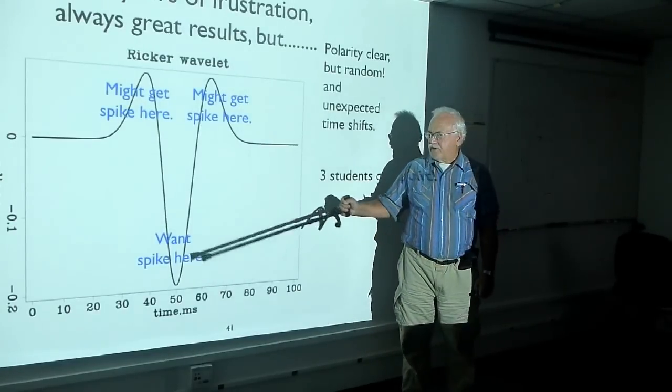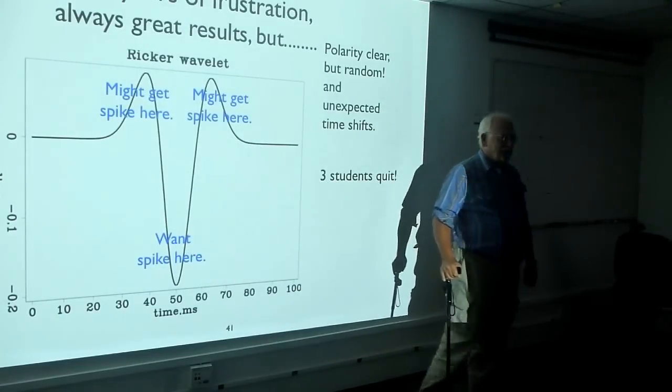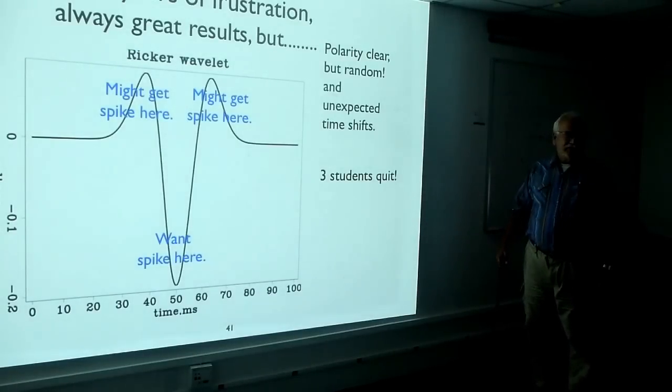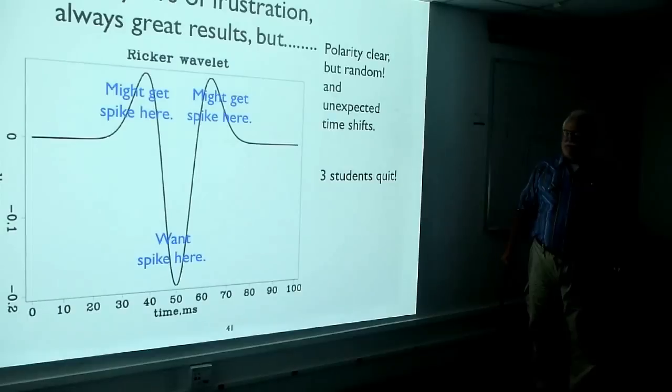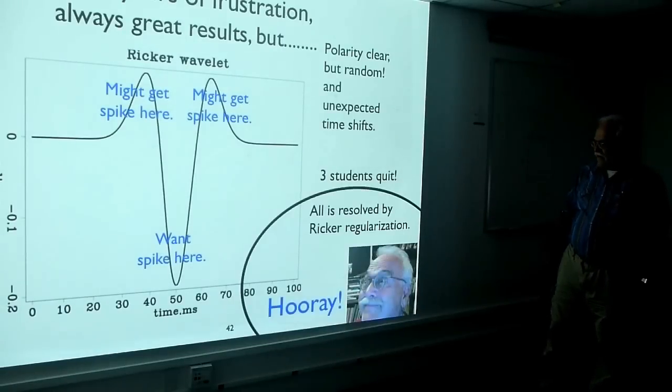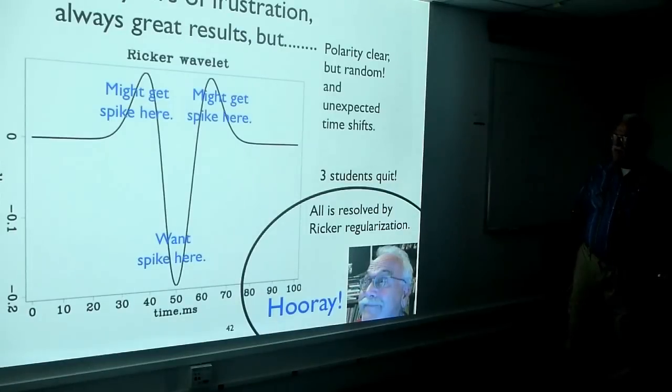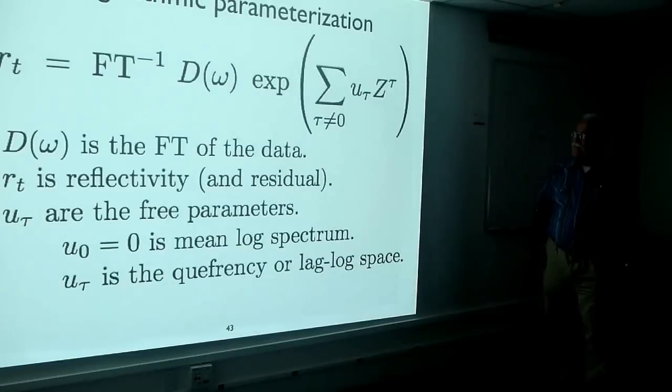And it was also annoying to see the polarity change. You can imagine what interpreters would think of that. So I think I lost 3 students while I was working on this because it was frustrating. We didn't know really what was going on, but I figured that out, and now we know the answer to that, and so I'm a happy man today. Everything is resolved by this regularization I've just told you about.